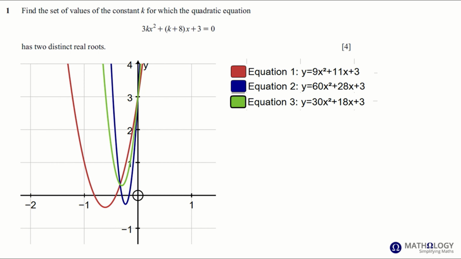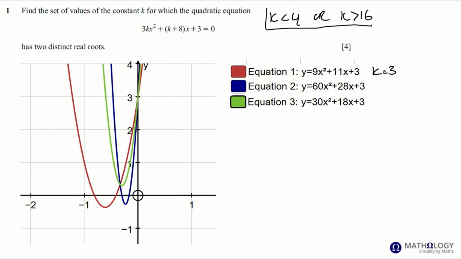Here are three different variations of the quadratic that have been sketched. First quadratic, the red quadratic, has k equal to 3, and the solution was k is less than 4 or k is greater than 16.